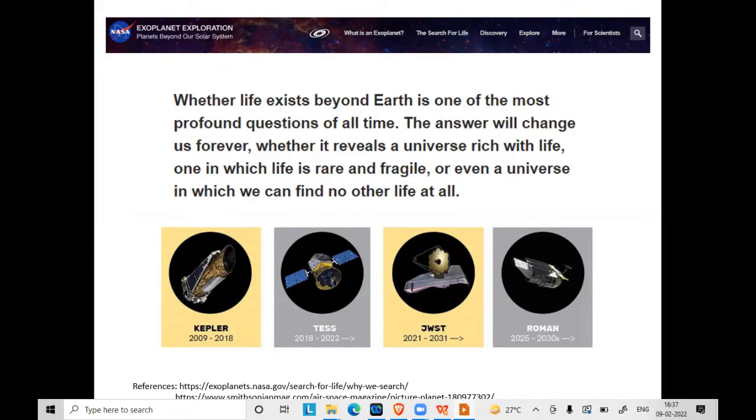We have been pursuing our curiosity about where we stand in the universe, and whether there is life beyond Earth. Even a Stone Age man, when he looked at the night sky, must have wondered who he is and what his position is in the universe.